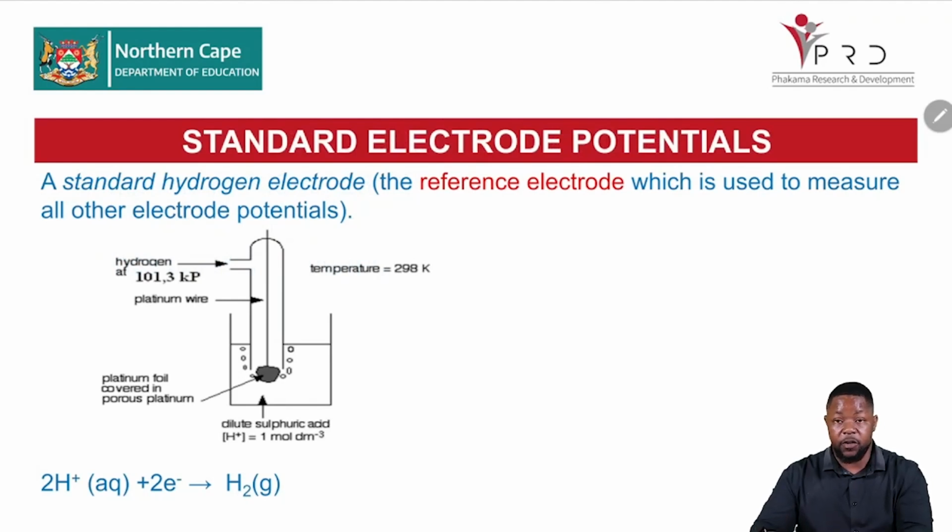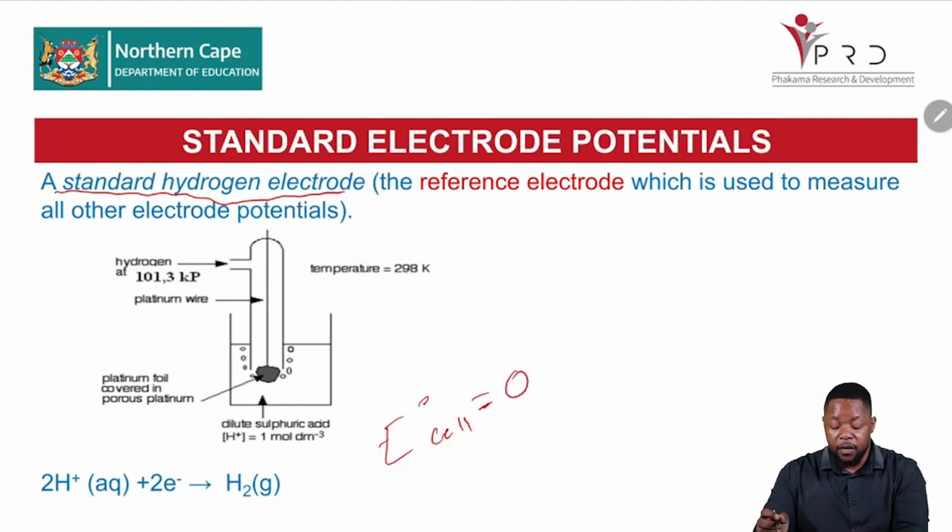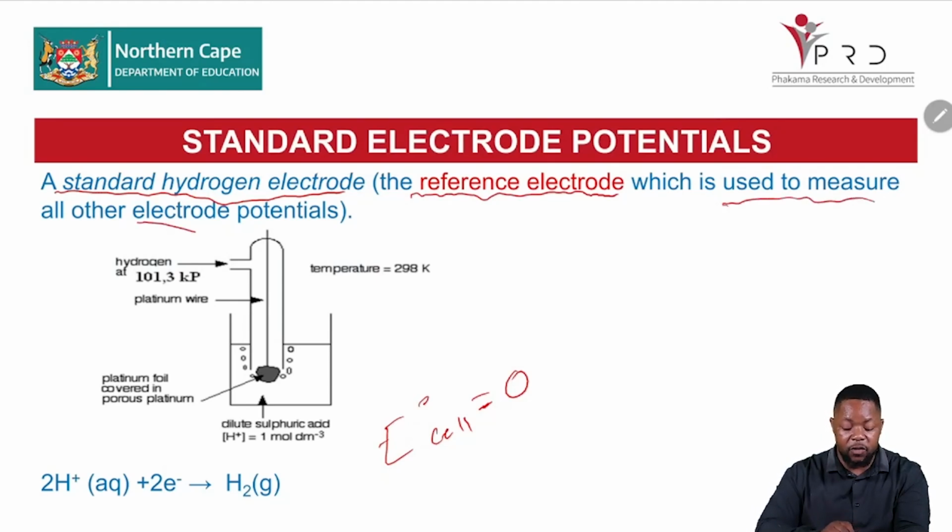The standard electrode potential. The standard hydrogen electrode. If we go back to the hydrogen electrode, you will see that the E cell value for the hydrogen is 0. Why is it 0? It is 0 because it is used as the reference electrode, which is used to measure the electrode potential of all the other substances.